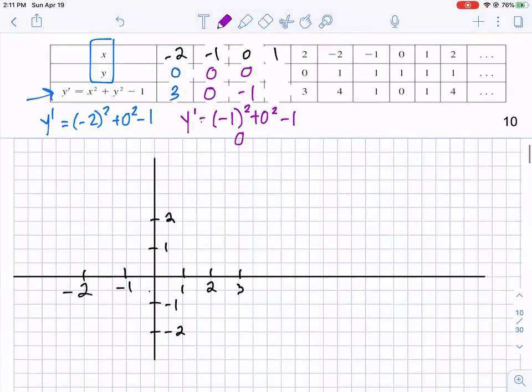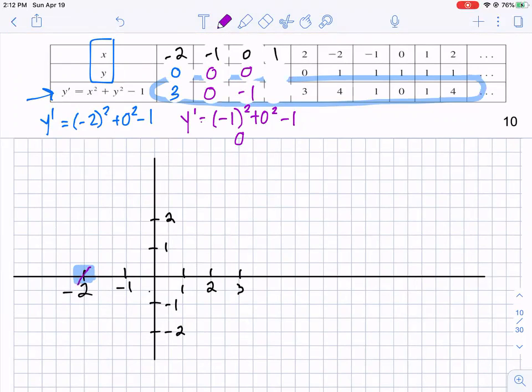So basically we've got all these points, and at each of those points, the slope is at the bottom. So at -2, 0, it's right there, our slope is 3.